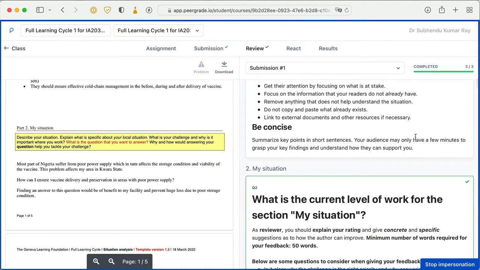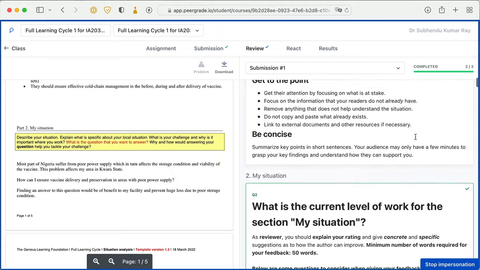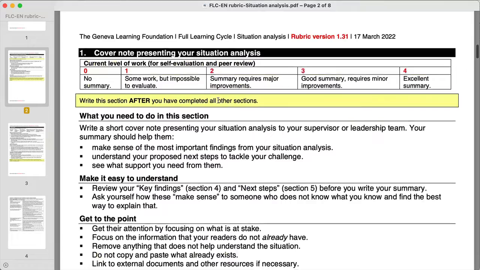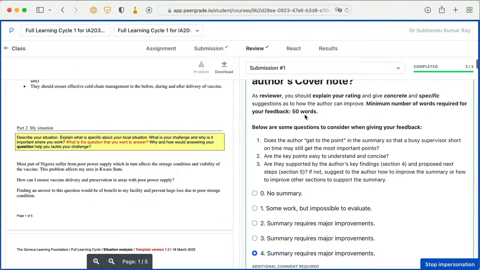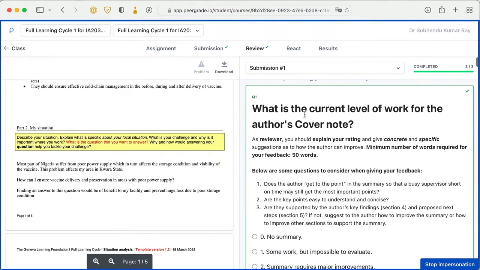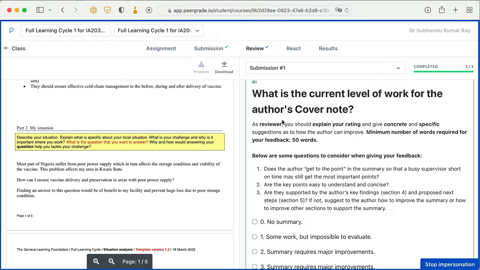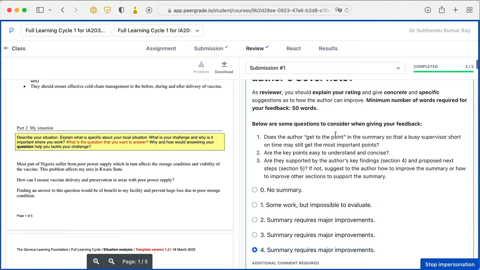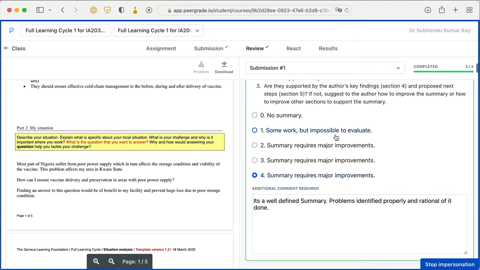Everything or almost everything that you see in the right-hand side here corresponds to what you see here in the PDF document of the rubric. Now let's get down to it. So we're not going to evaluate the cover note. It is question 1 in the rubric here, but remember, it's only written after you've completed all the other parts of your situation analysis.